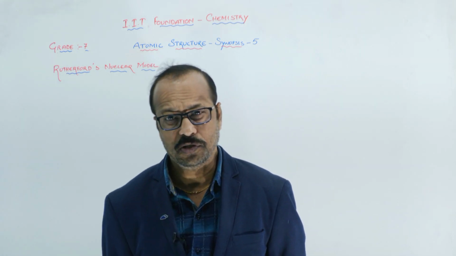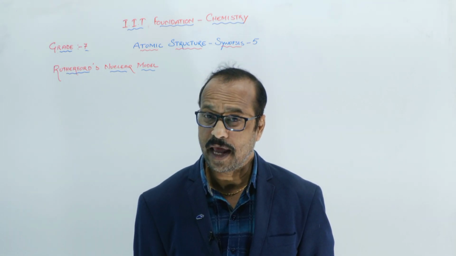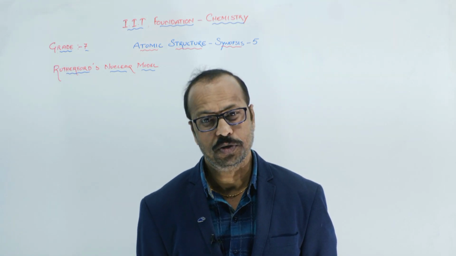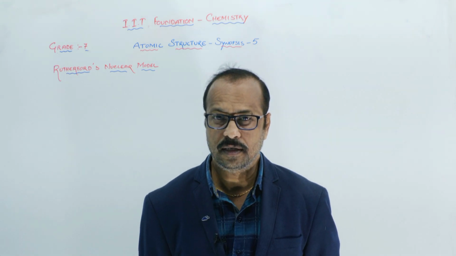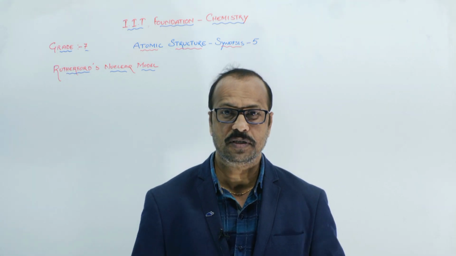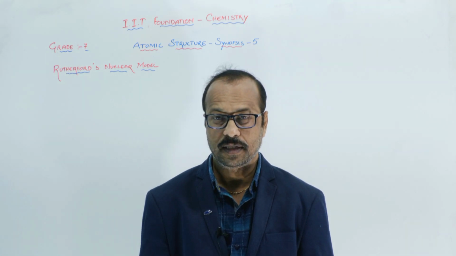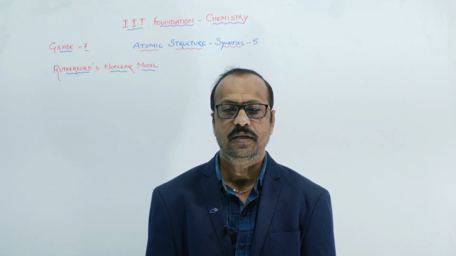And in the last class, we also discussed about the anode rays, which are exactly opposite to the cathode rays, right? And we also discussed about J. J. Thomson's atomic model. Did you remember that, like the watermelon model we discussed, right?